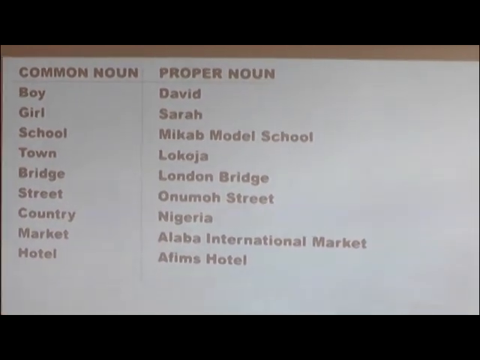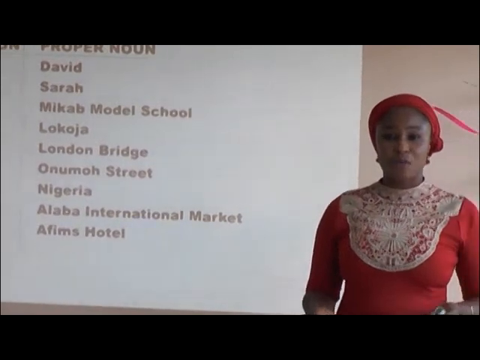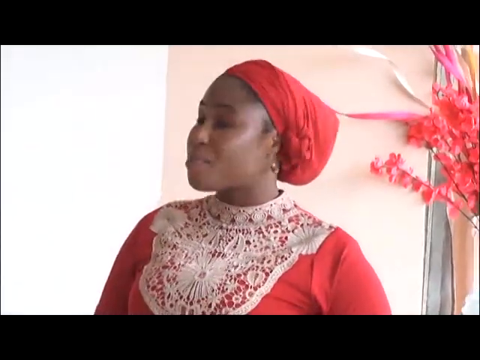Therefore, my dear students, you should not get confused when we talk about common noun and proper noun. You should know which to capitalize and which not to capitalize. Common nouns and proper nouns can be used together in a sentence because they are related in a way. You know, while the common noun gives a general name, the proper noun gives what? A specific name.